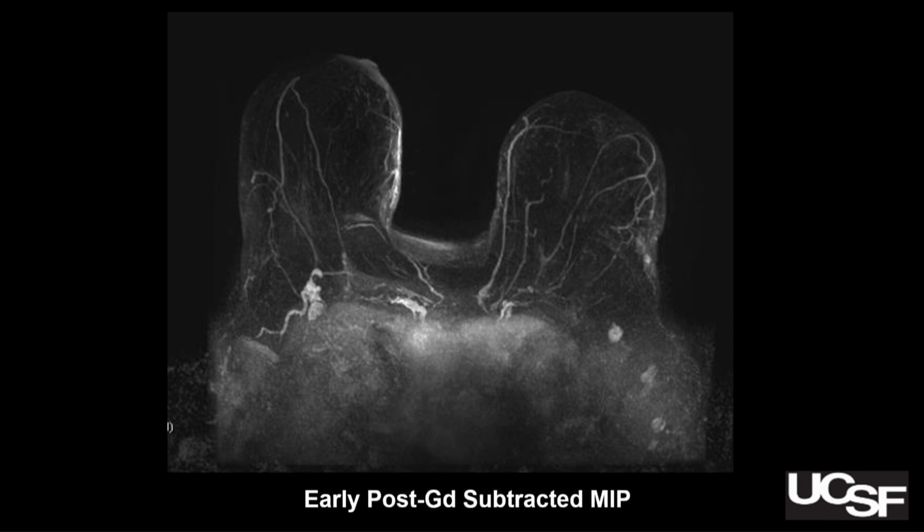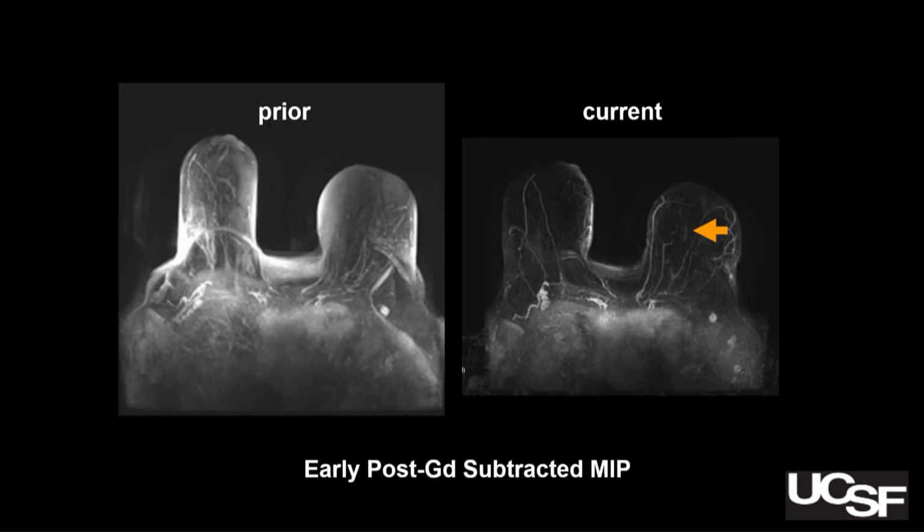This is an early post-gadolinium subtracted MIP, okay? So the overview, start off looking at background, then looking for things that stand out above background. I'm hoping that you all are now looking at the left breast, but in case postprandial narcolepsy has kicked in, that's the prior, that's the current, and there's a big orange arrow on this thing.